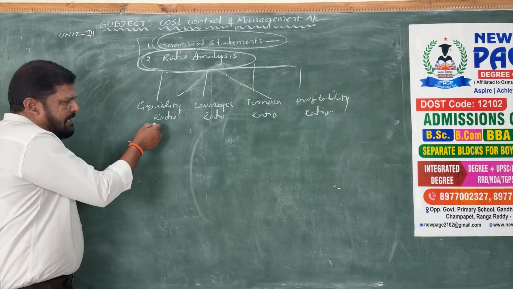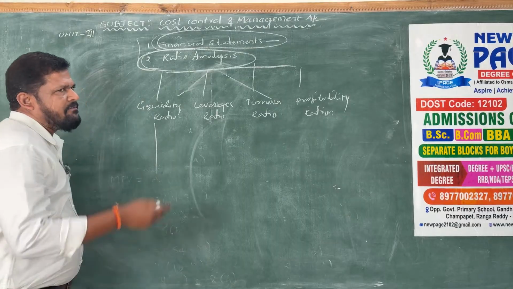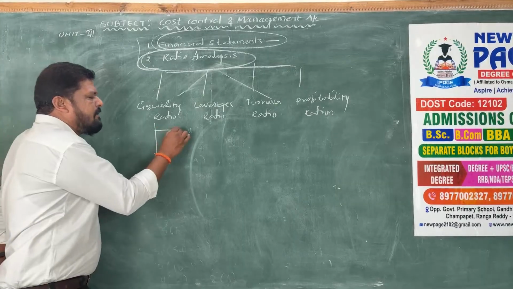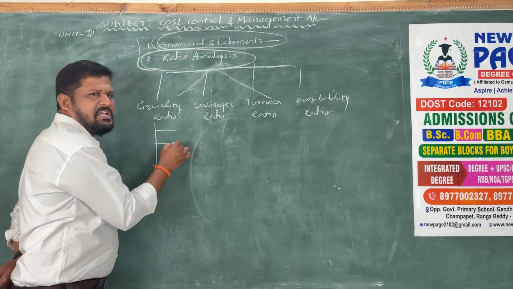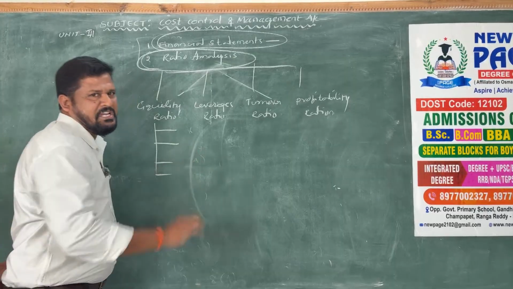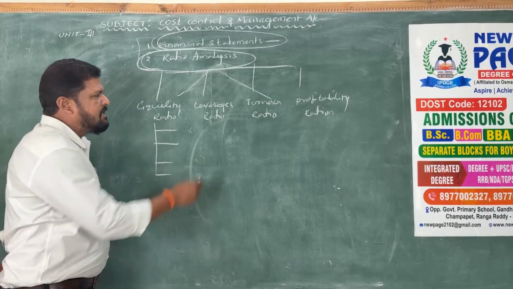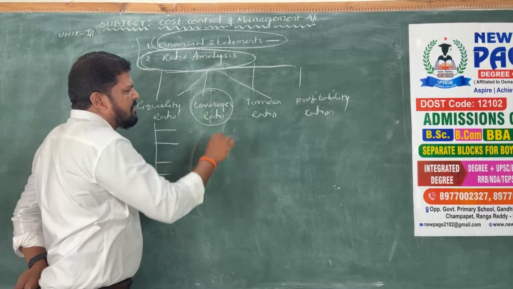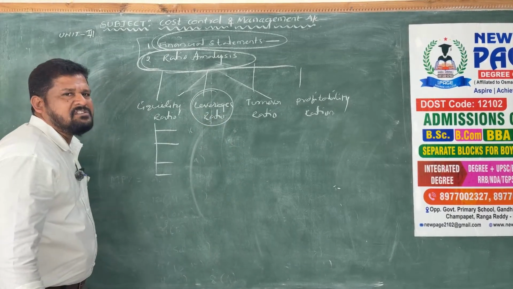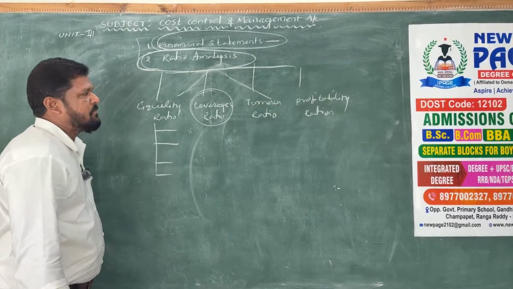Right? So here liquidity ratios are subdivided into different types. For example, current ratio, liquidity ratio, okay, quick ratio, absolute quick ratio. Right? Leverage ratios are also known as capital structure ratios.